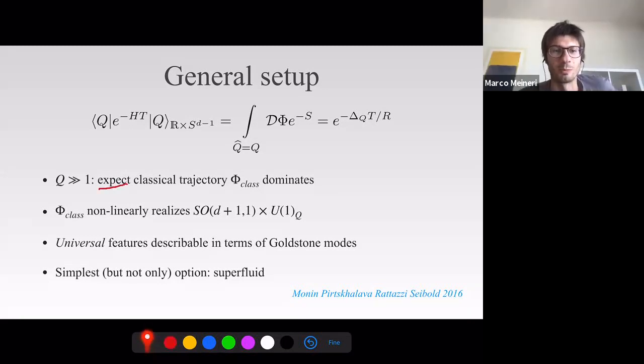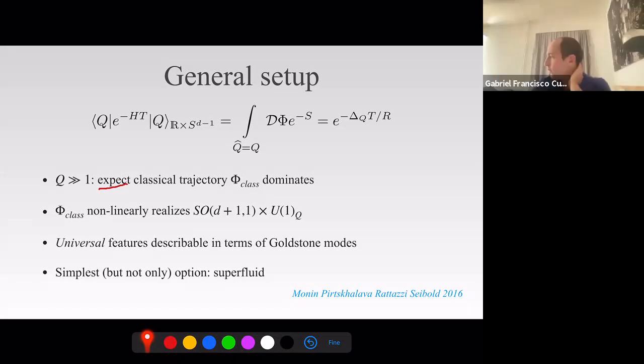Yeah, so can you say a little more about why you expect this always, or except when there are moduli? I mean, if there are exceptions to these rules. Well, I think it comes more from experience. Let me think what is the best way to phrase it. Right, so I think the best way is if you think of a state as specifying some boundary condition, past time on the cylinder, this state has some large charge and is generically homogeneous.